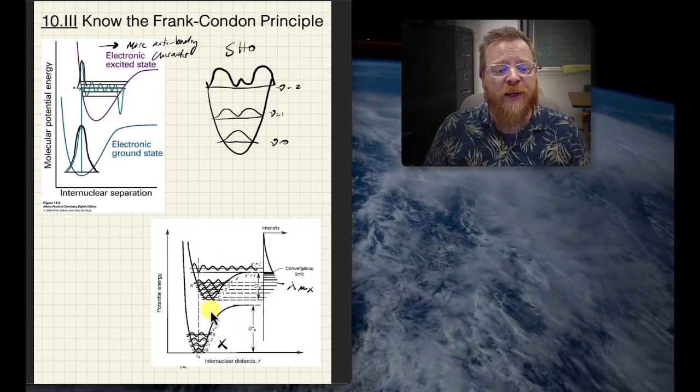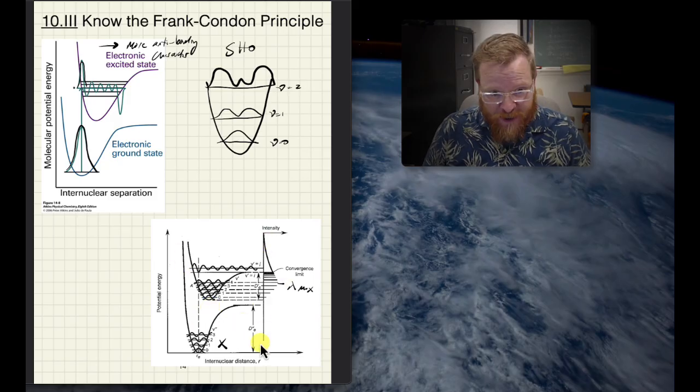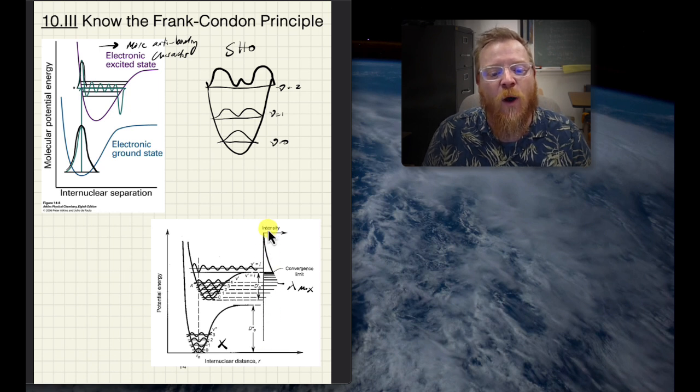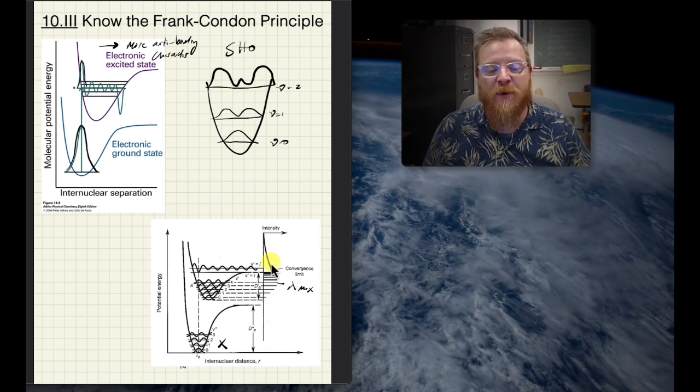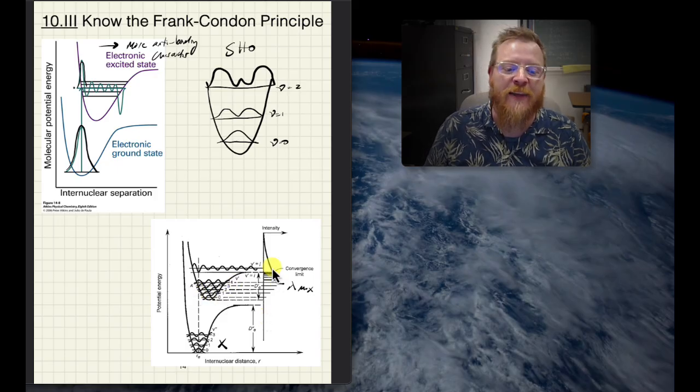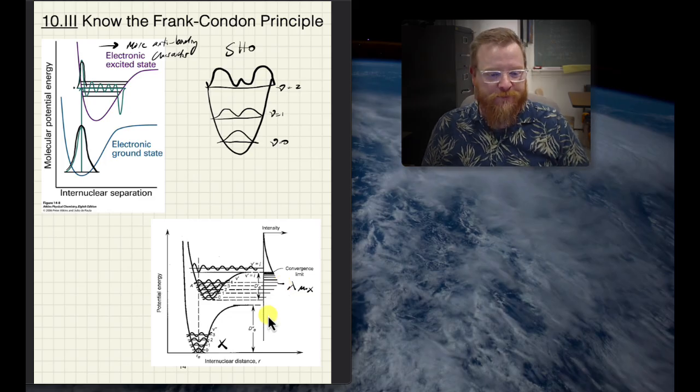And then as we scan in energies in the spectrum, I know it's tilted on its side, but as we scan away from that lambda max, either to smaller wavelengths or larger wavelengths, we have less overlap, so we have a less intense spectrum.